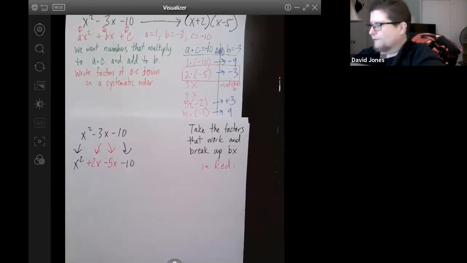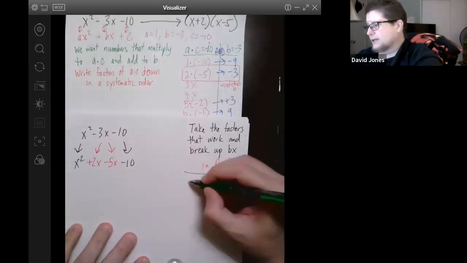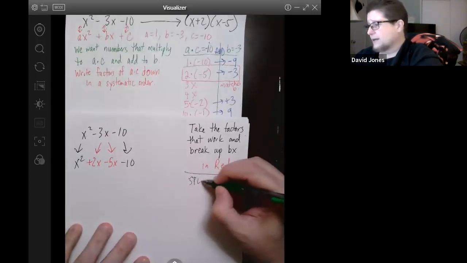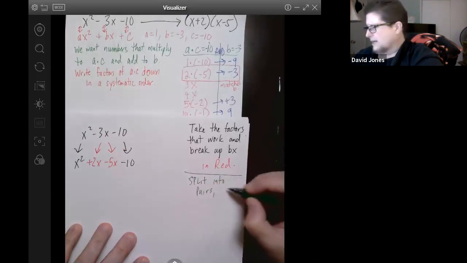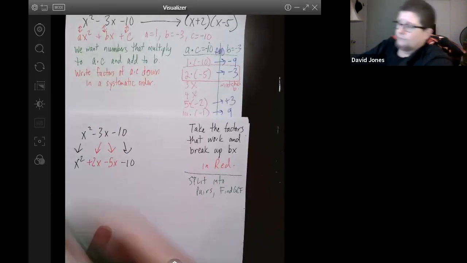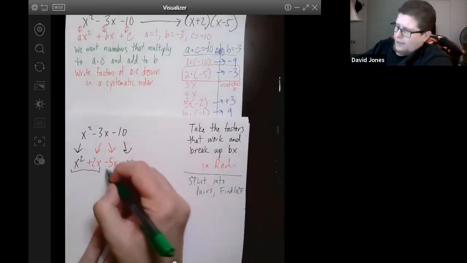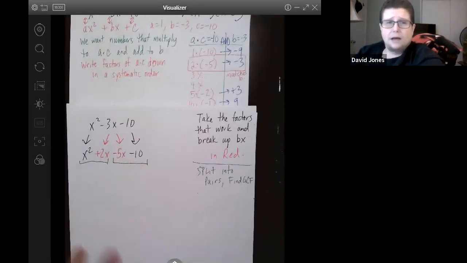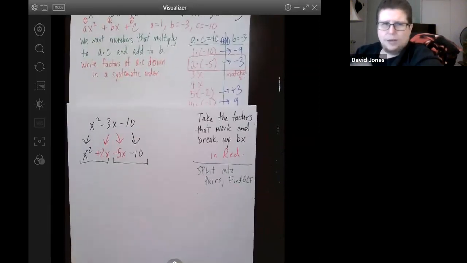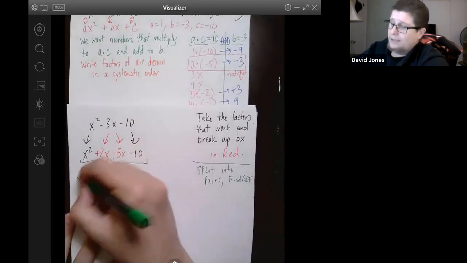Finally, we look for break into pairs or split into pairs. Find GCF in each pair. So I'm going to do that pair and that pair. What does x squared and 2x have in common? If you make the table, you're going to see that you only have an x in common.